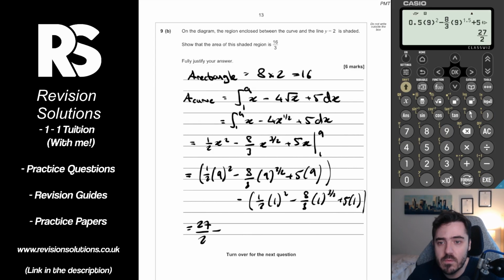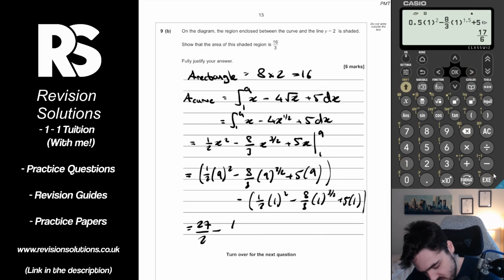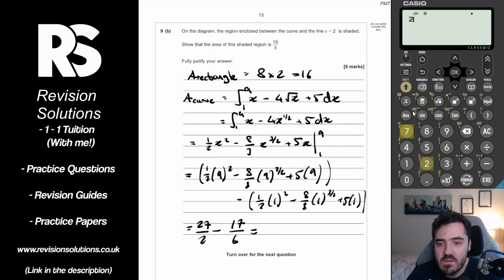Take away the bottom limit, which if I just go back to this calculation and replace all the 9s with 1s. That gives us 17 over 6. So then 27 over 2 minus our answer of 17 over 6 is 32 over 3.